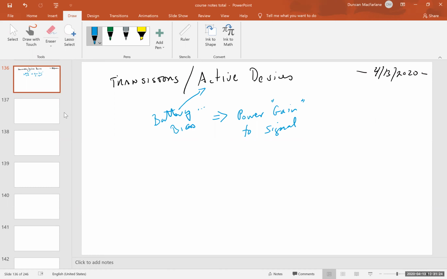So I really can't scale in complexity, in size. I cannot scale unless I have gain, unless I have an active device, a controllable device. And the transistor is the first one that I'd like to talk about.